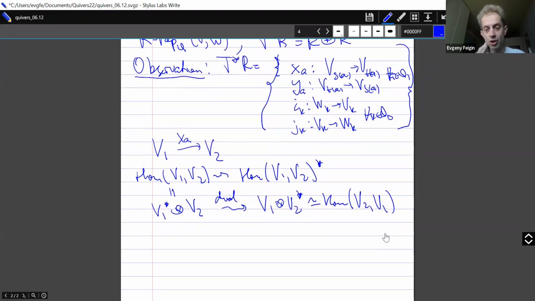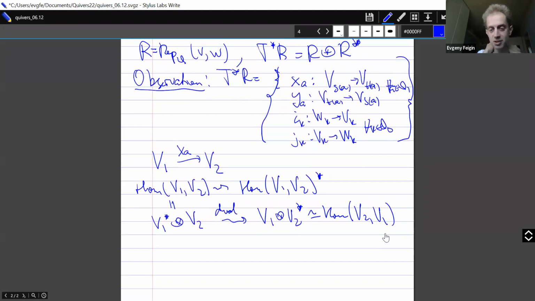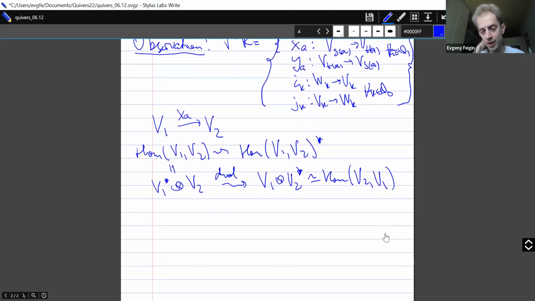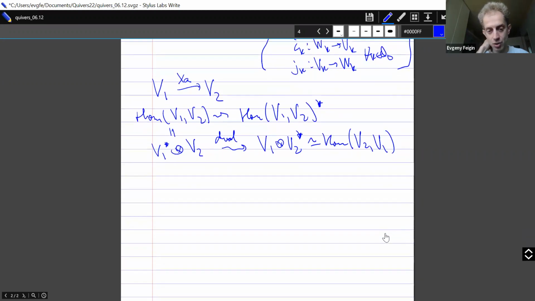Good. So in principle, one might want to work with the dual spaces, but instead it's convenient to forget about duals, and to reverse the maps and consider the collections of maps in the opposite direction. Okay, so that's it.